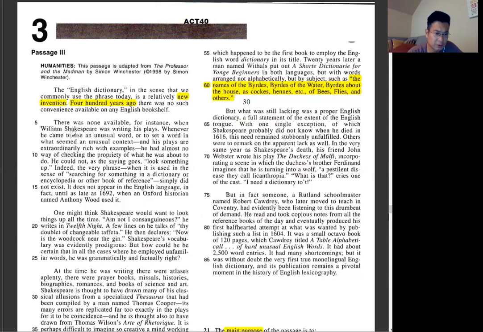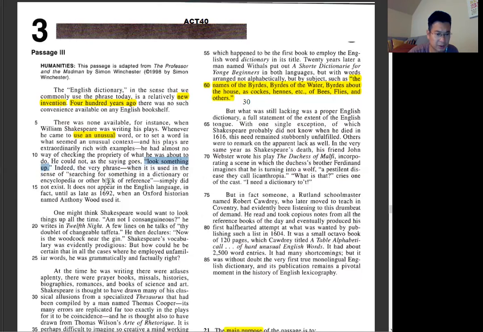Whenever he came to use an unusual word, or a word in an unusual context, his plays are extraordinarily rich with examples, he had almost no way of checking the propriety of what he was about to do, and then not saying look something up. Indeed, the very phrase look something up.